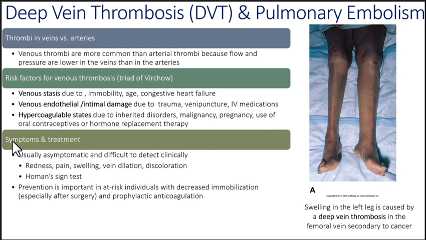Now, the problem with deep vein thrombosis is that the symptoms are oftentimes not there early enough to detect that there's a problem. But in other cases, if you look at the person's, let's say, calf, for example, which is the area that's more likely to form a deep vein thrombosis, it'll be red. There might be some pain. You can notice some swelling when you compare it to the other leg.